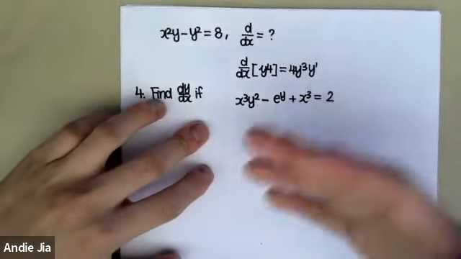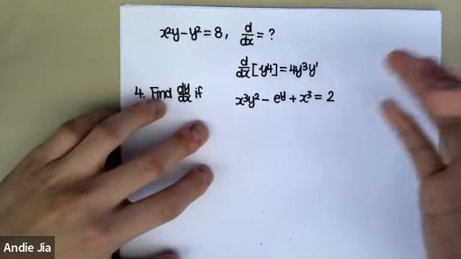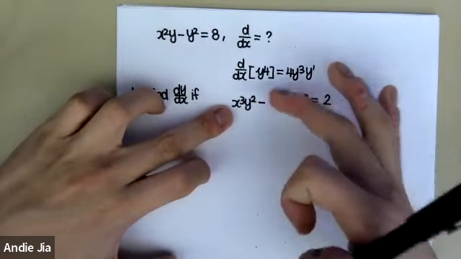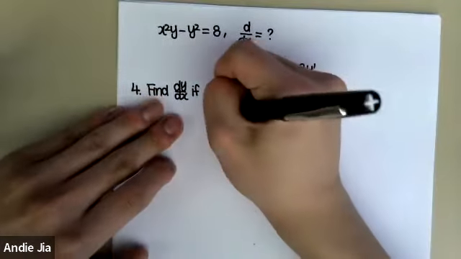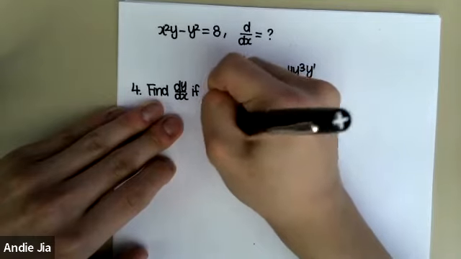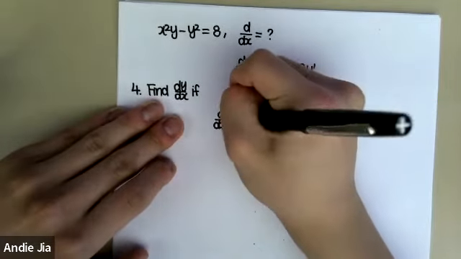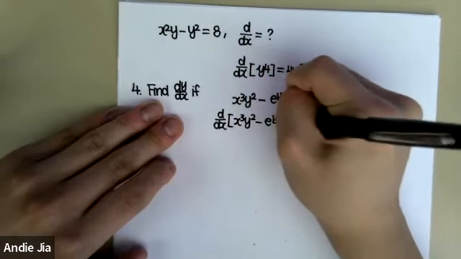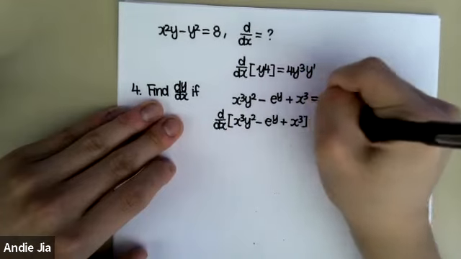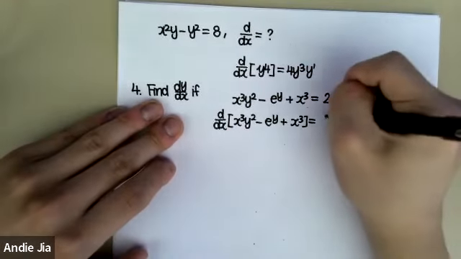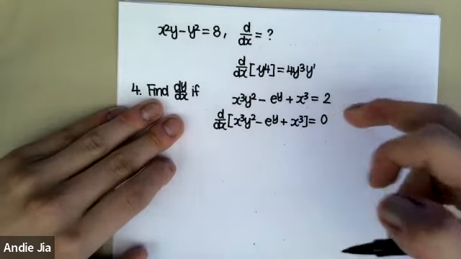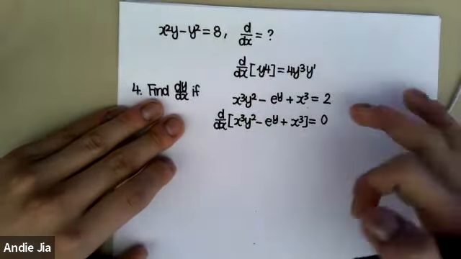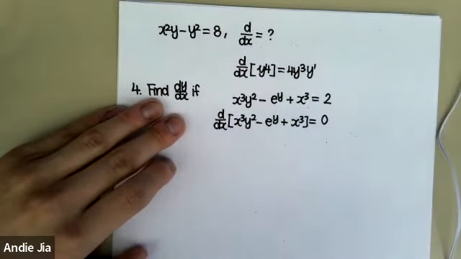I think this uses the same technique that we use, like the product rule here. You have x cubed and then y squared. So we just take d/dx of x cubed y squared minus e to the y, plus x cubed, and here's a 0 because the derivative of a constant is 0.